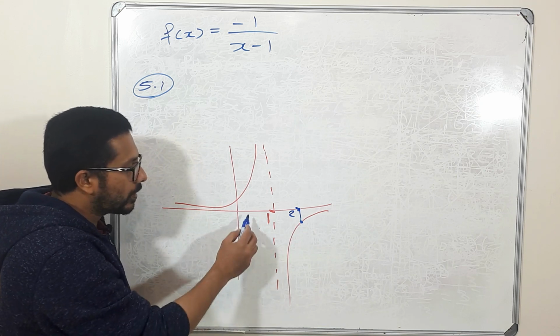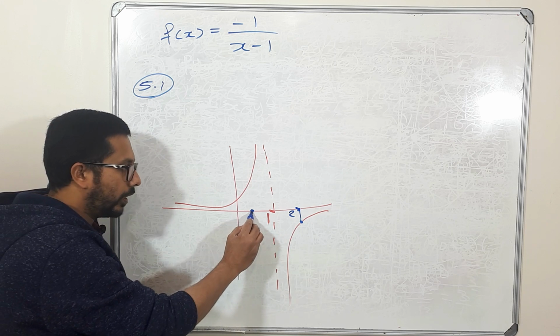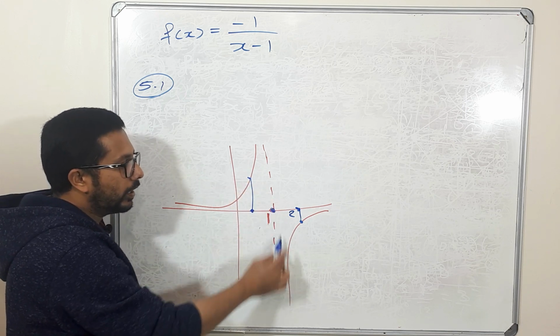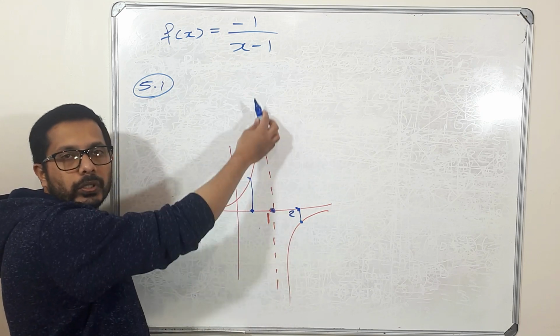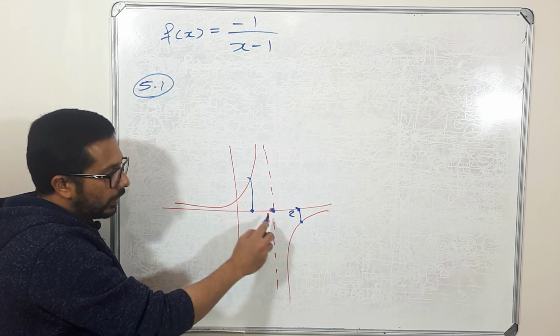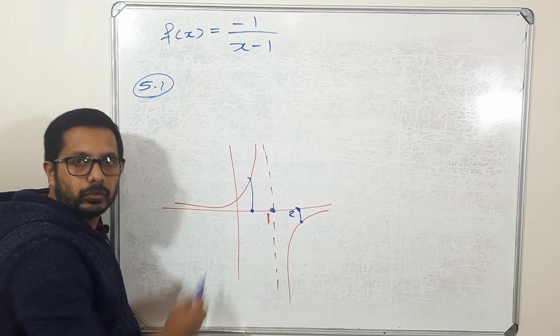If x is equal to 0.5, I can find a point on the graph. But when x is equal to 1, is there any point on the graph? No, there is no point on the graph.